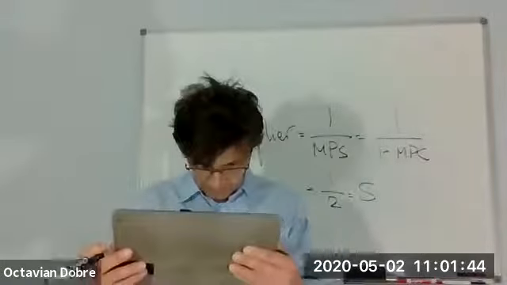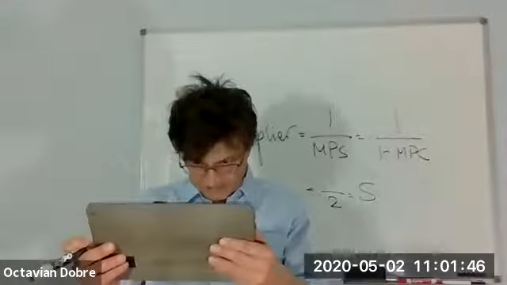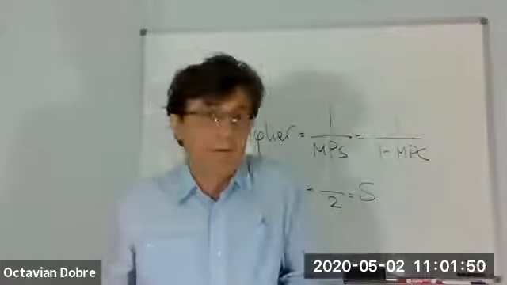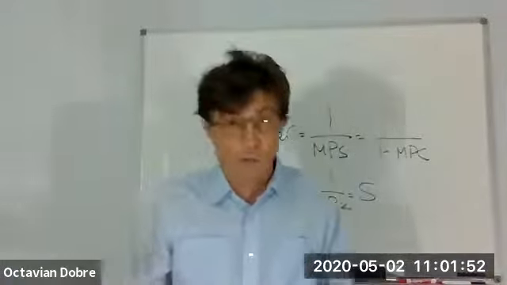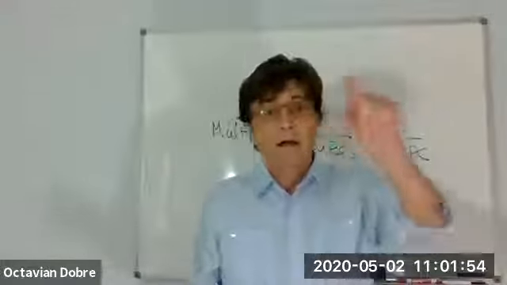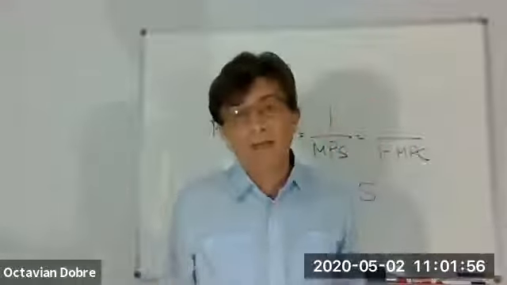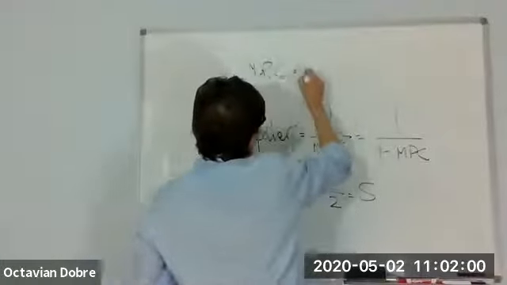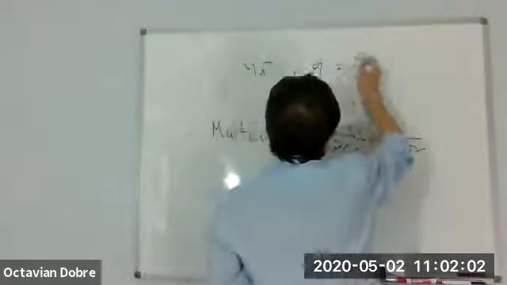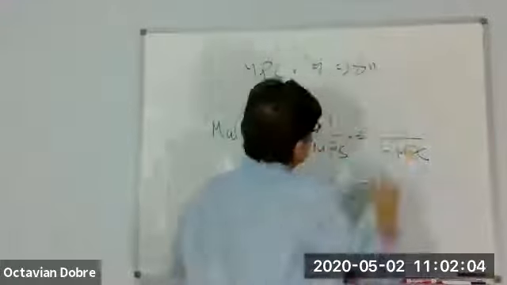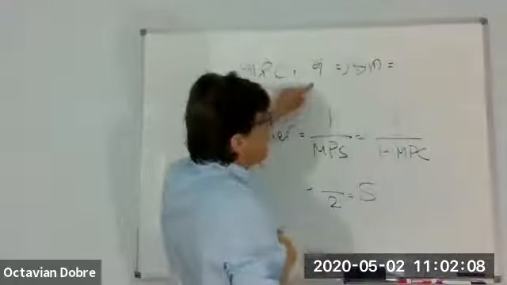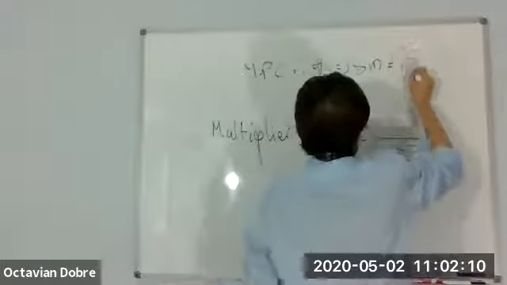Okay. Number 2, if MPC decreases, what happens to the multiplier? Well, it's very simple. All you have to do is calculate the multiplier with 2 different MPCs. Let's say MPC is equal to 0.9, then the spending multiplier is equal to 1 divided by 1 minus 0.9, which is equal to 10.